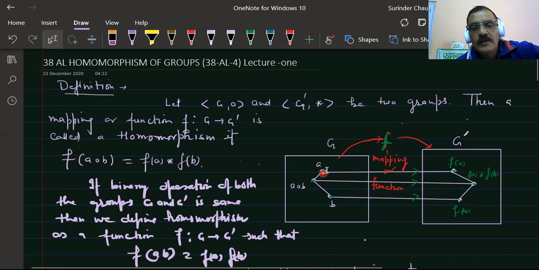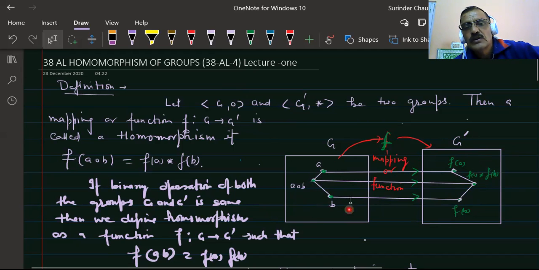If f is a mapping from G to G dash, then f takes element A to f of A, and f takes element B to f of B. And f takes element A composition B to f of A star composition with f of B.